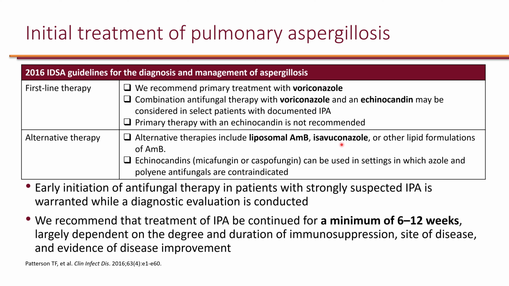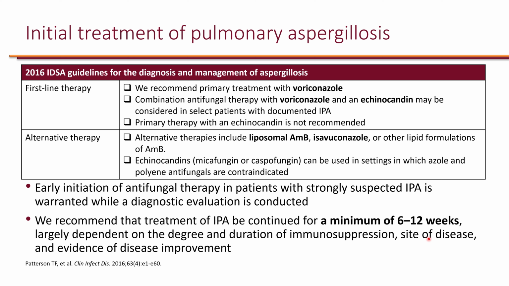Nowadays we have more experience with isavuconazole, so it's a pretty effective drug for pulmonary aspergillosis. And then echinocandins can be used in the setting in which azole and polyene, so amphotericin B, are contraindicated. So that's when we would do echinocandin monotherapy, when we have no other options available.